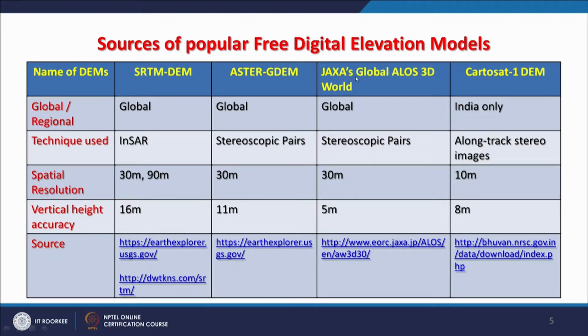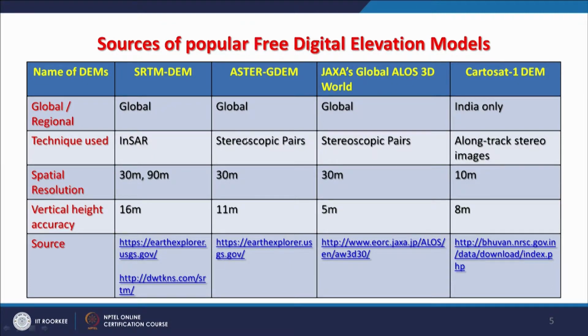Then there is this one, which is not as popular as SRTM or ASTER GDEM, but it is now becoming popular because of its vertical accuracy. This is also global. The JAXA, which is the Japanese space agency, ALOS, they have used the ALOS 3D data generated using stereoscopic pairs.